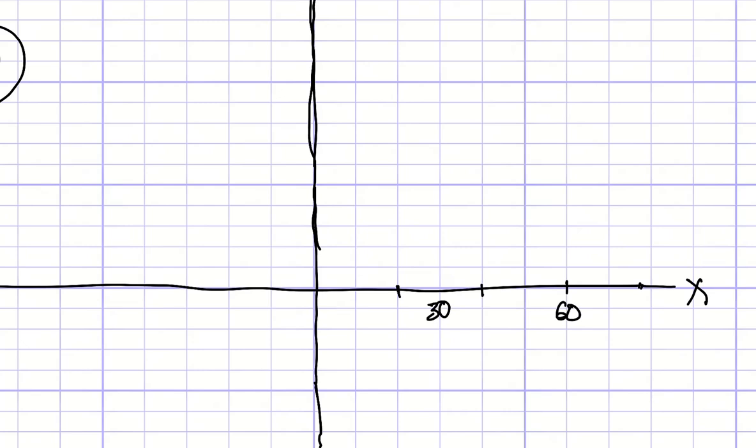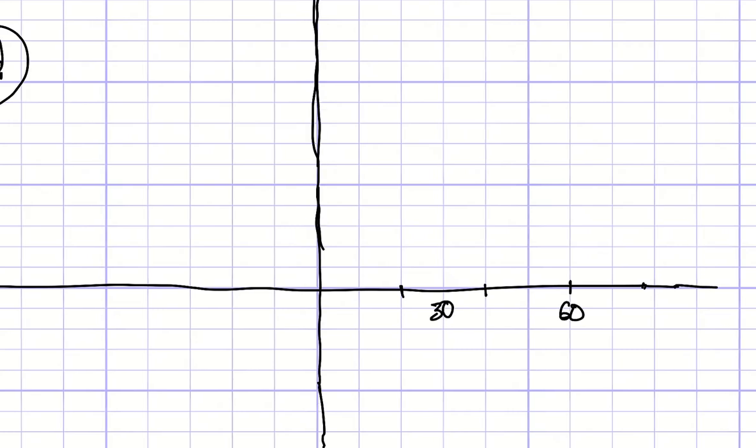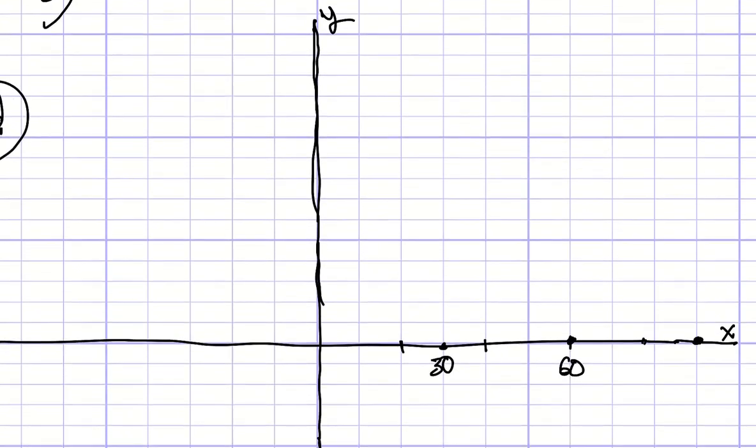Okay. Let's make it a little longer. This is x. So 1, 2, 3, 30 right here. 1, 2, 3, 60. 1, 2, 3, 90. So 80 is somewhere here. This is 90 and this is 80, okay? All right.